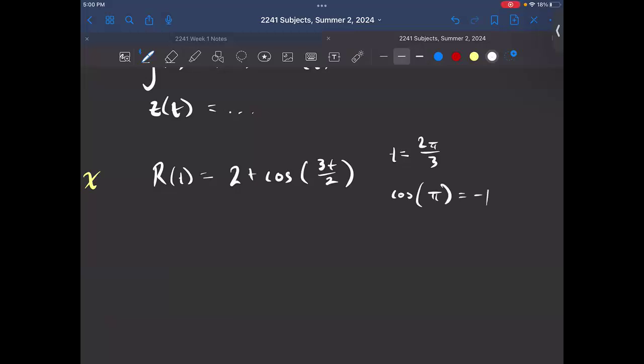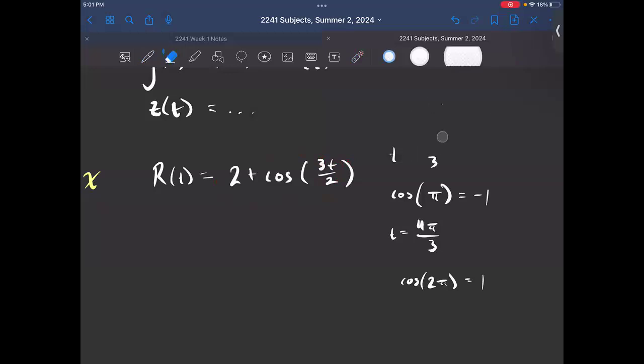That's the minimum of cosine, and thus the minimum of my radius function. Well, what happens at t equal 4 pi over 3? Well, I get cancel with this, and then I get cosine of 2 pi, which is again 1, which matches t equals 0, 1. So our radius function works with that as our frequency.